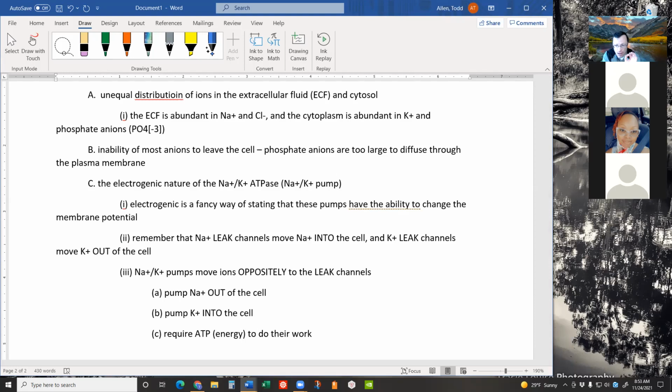So it might be an odd idea to consider this, but even maintaining a resting membrane potential during sleep, when you're not conscious in any way, still requires the expenditure of quite a lot of biochemical energy.